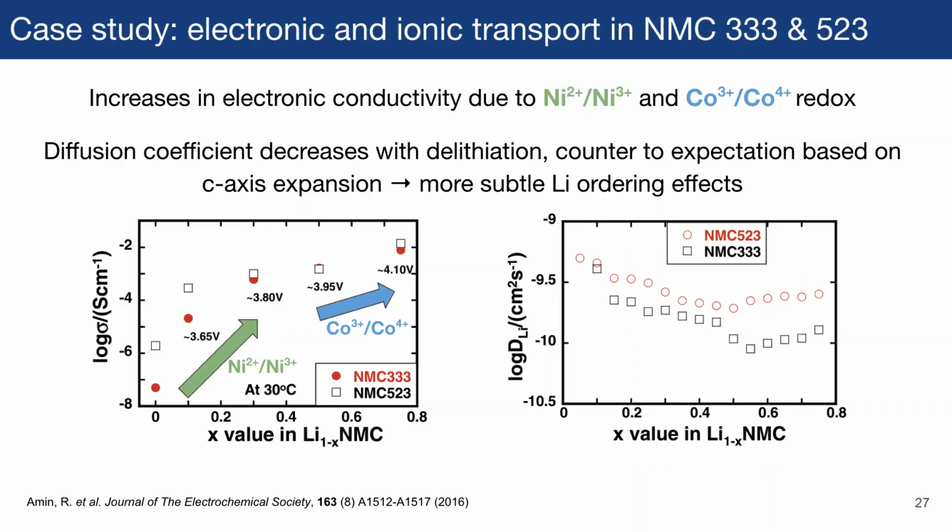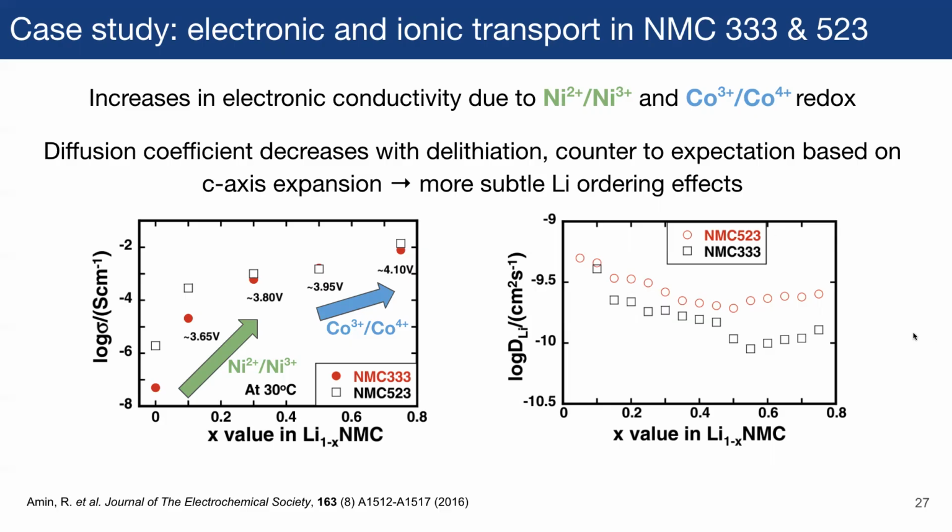And normally you basically get a C-axis expansion of your material. You would expect a C-axis expansion to allow for more easy lithium diffusion through the layers, but instead they see, as we remove lithium from our material, a steady decrease in the diffusion coefficient of the system.